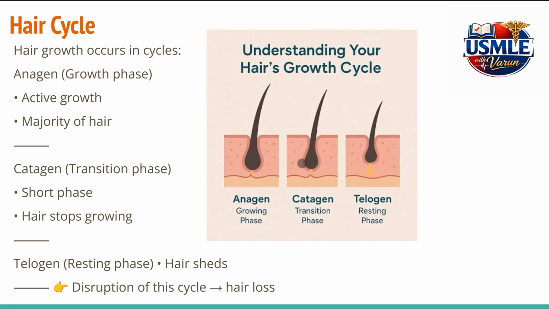This is a short transition phase where the growth stops and the hair follicle begins to shrink. Third is the telogen phase, which is the resting phase. Eventually, the hair is shed from the follicle. Hair loss occurs when this cycle of anagen, catagen, and telogen is disrupted. For example, if too many hairs shift prematurely into the resting phase, we can get excessive shedding.